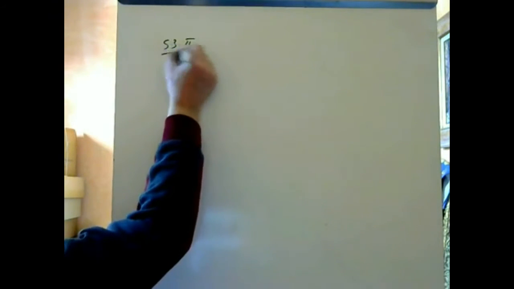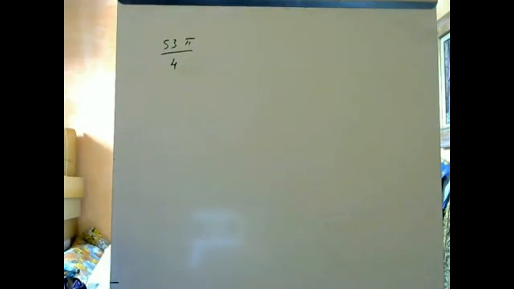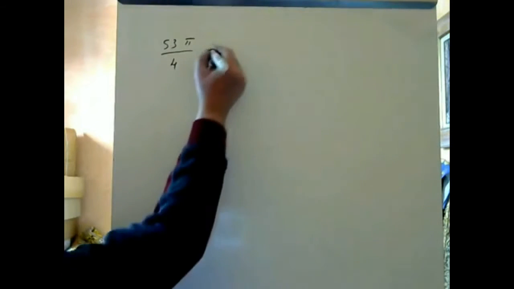Let's find the angle of 53 pi over 4. So, using the same principle, I'll find the closest multiple of 4 to 53. So the closest is 13. 13 times 4 is 52. 14 times 4 is 56.